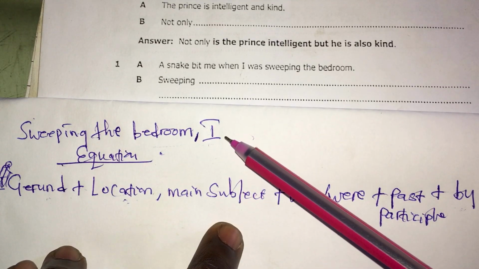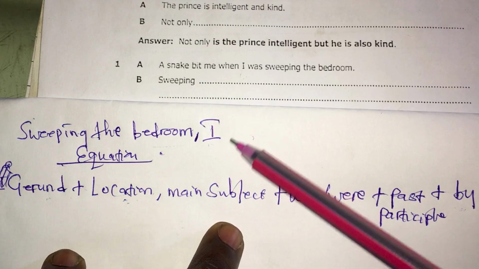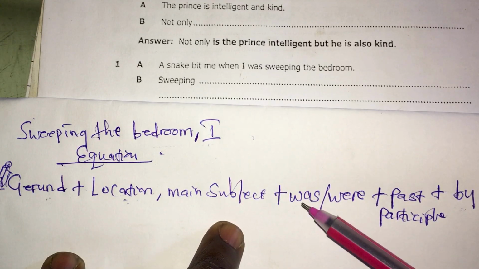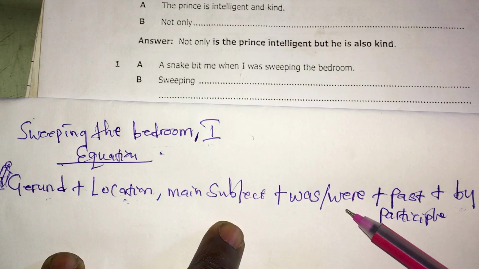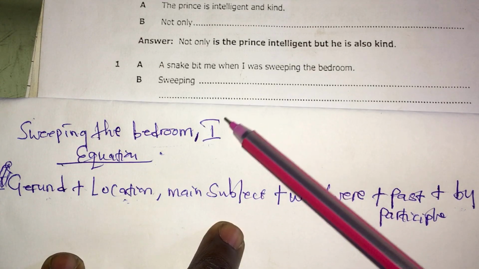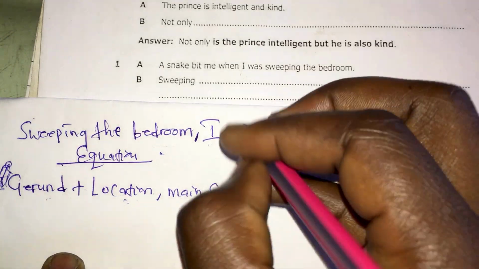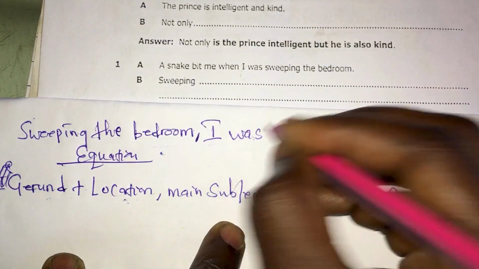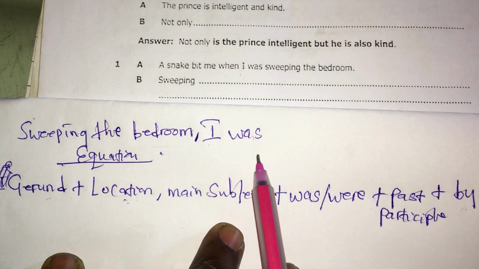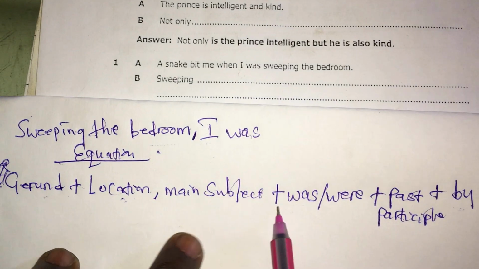Then now if you check, we have I. Since here we have one person, are we going to use was or were? Correct. We are going to use the word was because we're talking about one person. So we're going to say I was. Then now you have to check.